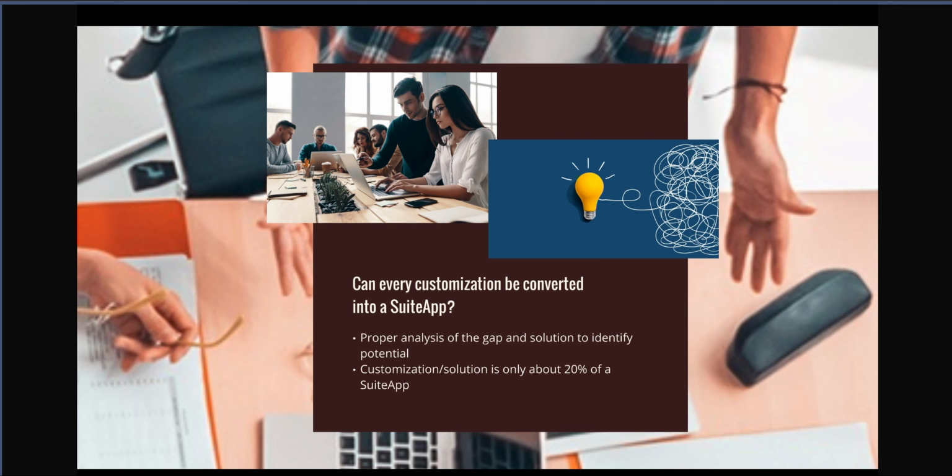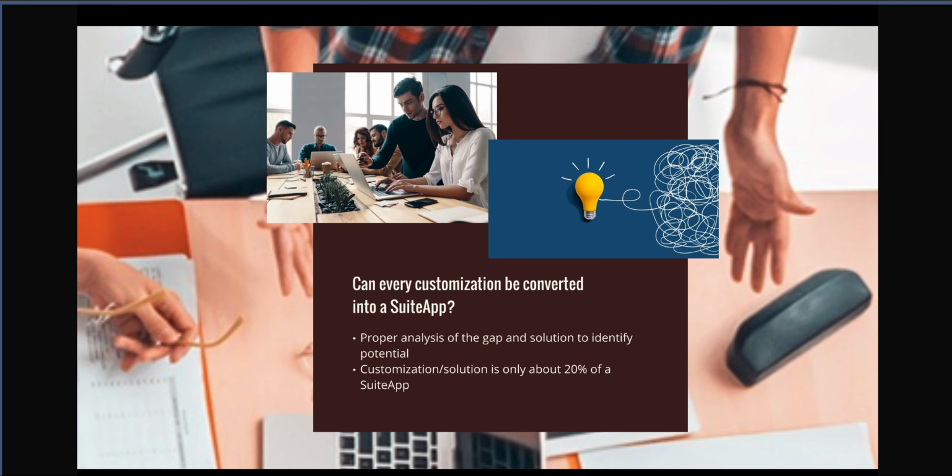However, even in such cases, it is important to understand that the customization cannot directly be turned into a suite app. In our experience, we noticed that a customization or a custom solution is only about 20% of a suite app. So, there is a lot more work involved in converting this customization into a suite app.